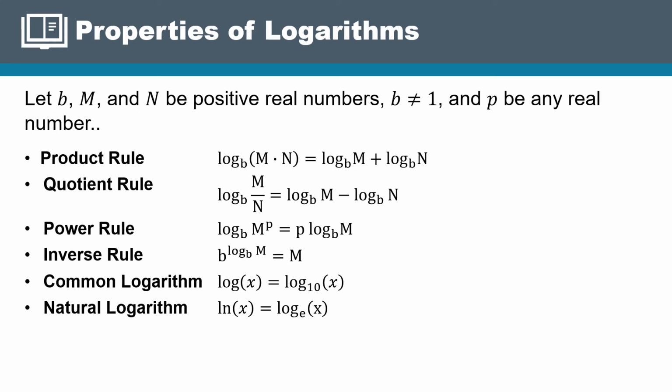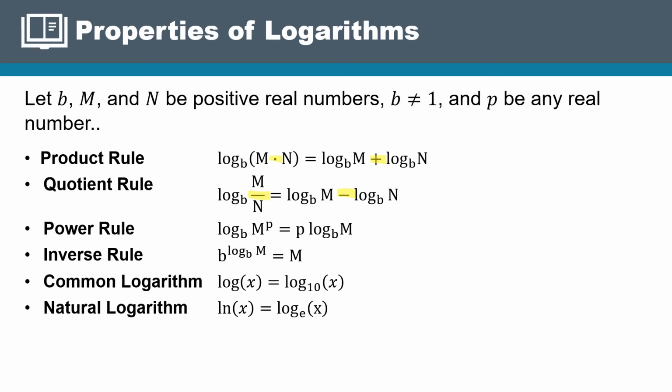So when you're multiplying, you're going to add the two expressions together. The quotient rule, log base b of m divided by n, is equal to the log base b of m minus the log base b of n.